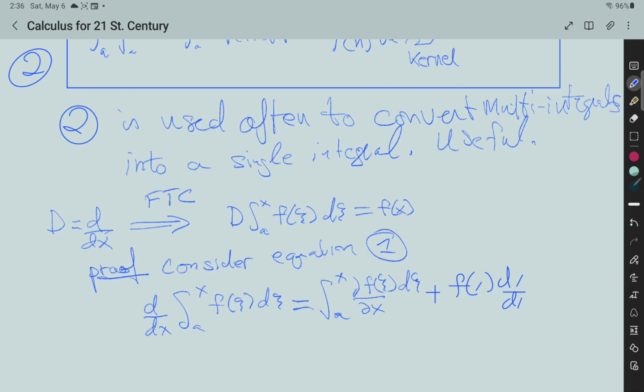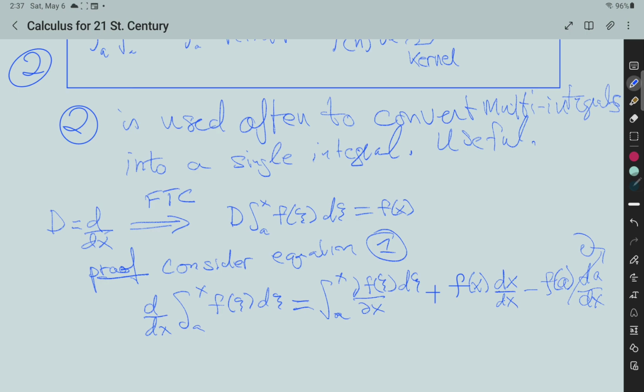So it's going to be f of x times dx by dx, and then the other term is minus f of a times da by dx, where a is a constant, so da by dx is 0.